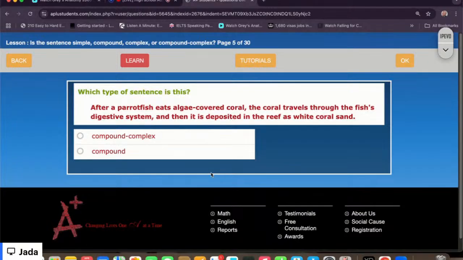After a parrotfish eats algae-covered coral, the coral travels through the fish's digestive system and then it is deposited in the reef as white coral sand.